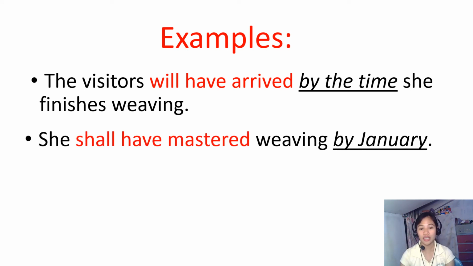Next, she shall have mastered weaving by January. Our verb here is mastered, and we use shall have to show that it will happen in the near future, and also the expression by January. Not today, not tomorrow, but by January. It will happen in January. We used here a specific time in the future, which is by January.